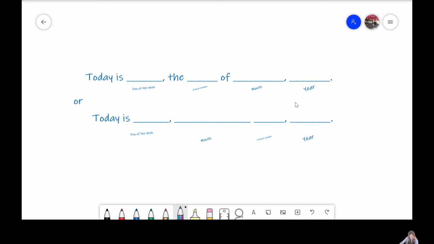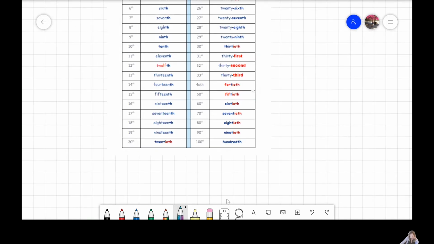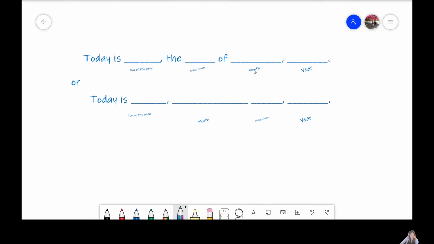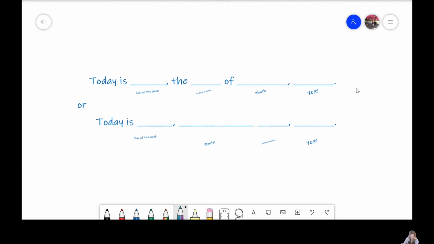That sounds complicated, but once you know what you have to put in which place, it's pretty easy. So the first space, today is, the day of the week, followed by the ordinal number, that's what we just reviewed, of the month, followed by the year. Super simple and just takes practice.